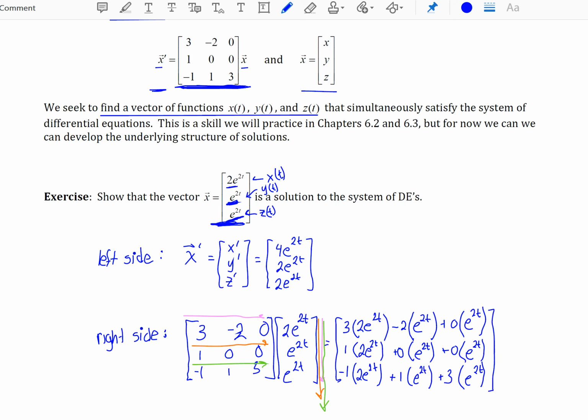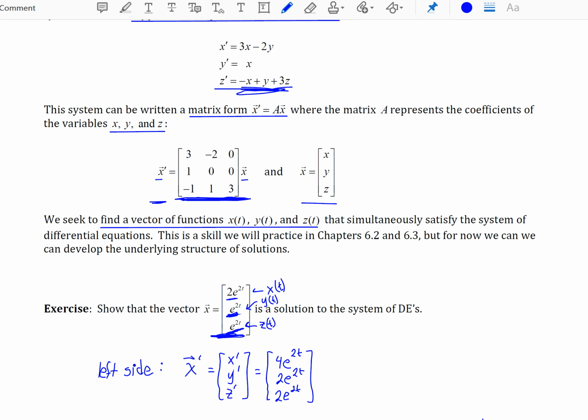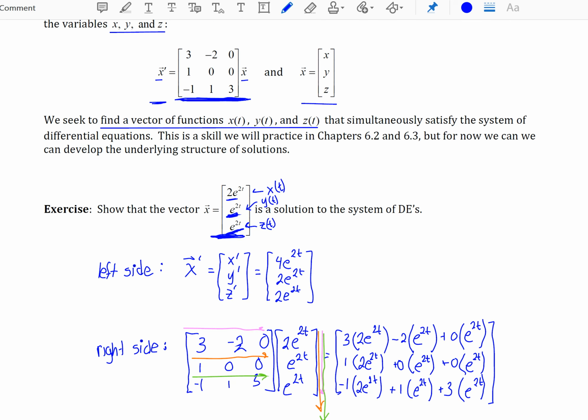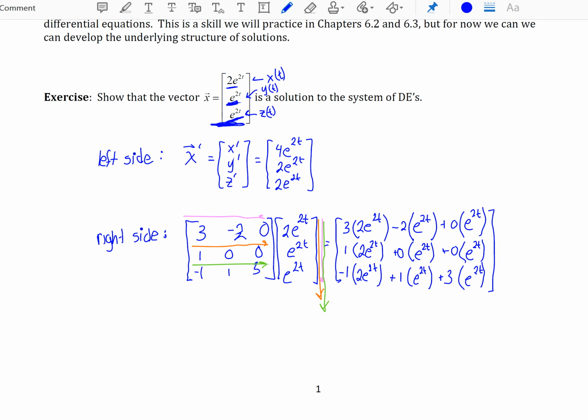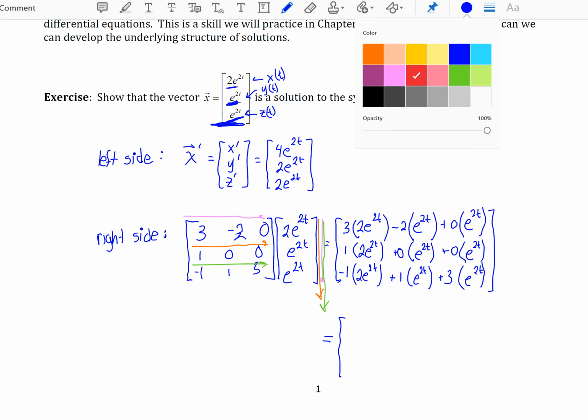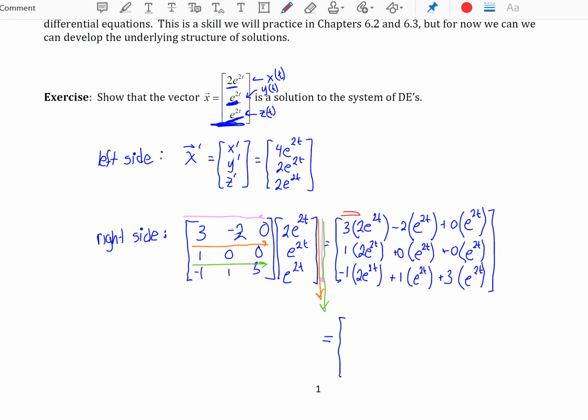Notice how this gives the same result as if we would have plugged it into just our original system of equations. And now we can simplify by adding like terms inside this matrix. This would be 6e to the 2t minus 2 is 4e to the 2t plus 0.